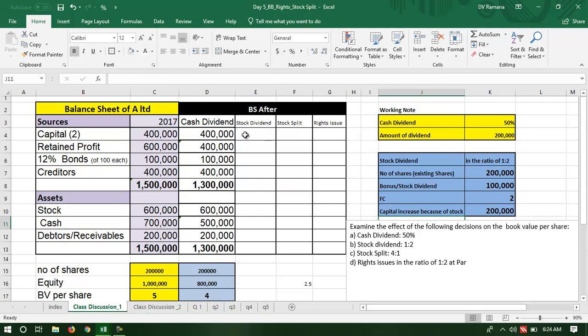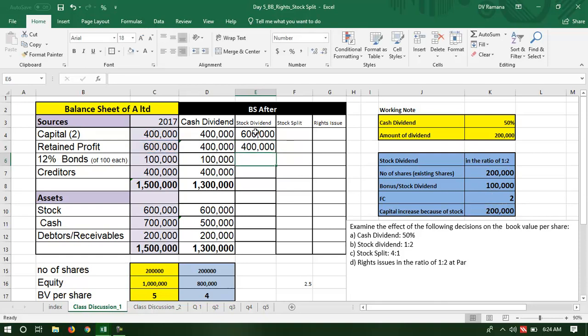So let us see what happens. Capital will increase now because we are issuing shares to the existing shareholders. And the reserves or retained profit will reduce because we are distributing the profit.